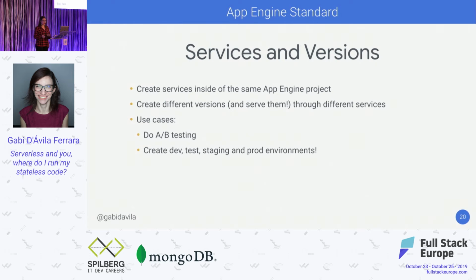App Engine has a concept of services and versions. When you deploy an application on App Engine, you create a service called default. Different services can have different versions, which allows you to think of services as environments. You could have a dev environment, a staging environment, a production environment.